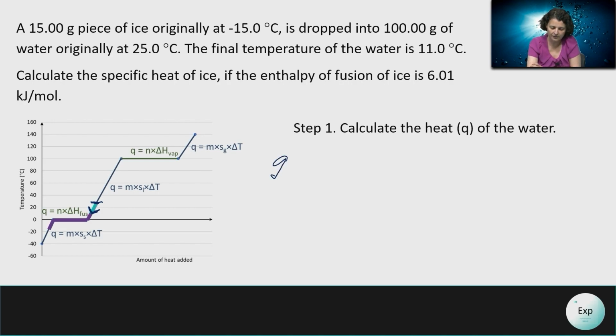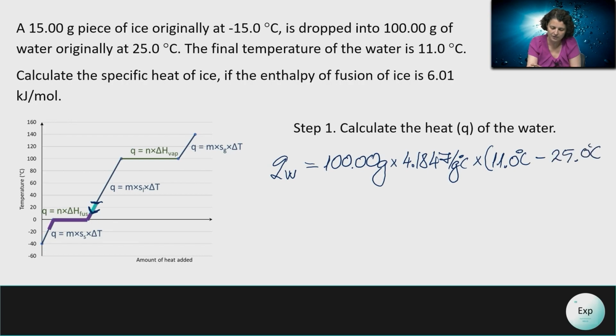From here, we can calculate the heat associated with the water by recognizing that if we have 100 grams of water that has a specific heat of 4.184 joules per gram Celsius and undergoes a temperature change of cooling to 11 degrees Celsius from 25 degrees Celsius, then the associated heat will be minus 5,758 joules.